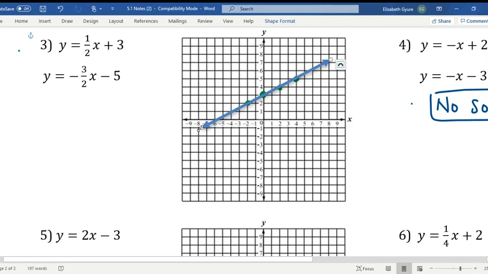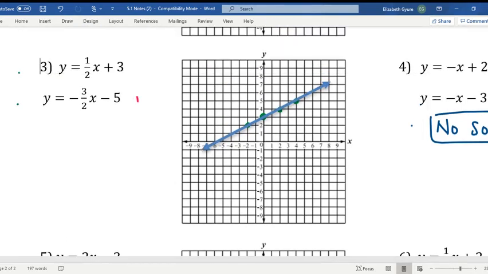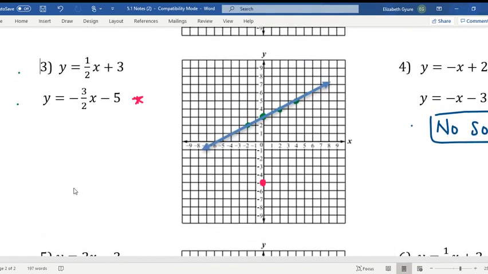And then Brooklyn, what's your y-intercept for the second equation? Negative 5. So put a dot at -5. And Annalise, what's your slope and how would you count it out? Yeah, down 3, right 2.